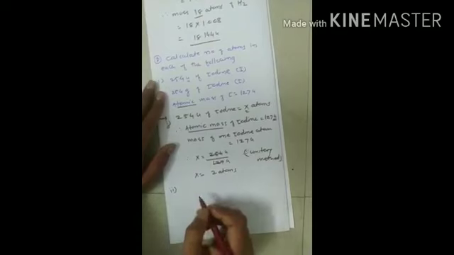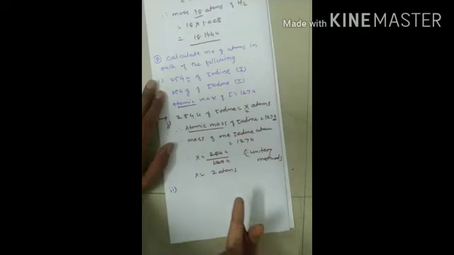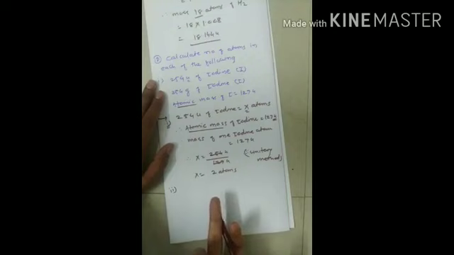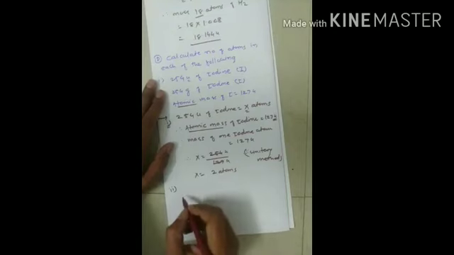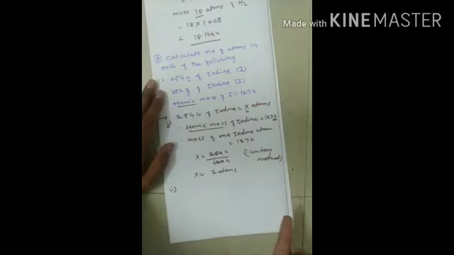So here they will ask the number of atoms in 254 gram of iodine. The atomic mass of iodine is 127 U, it is already given. If atomic mass is 127 U, then molar mass is the only change in unit, that is 127 gram per mole.